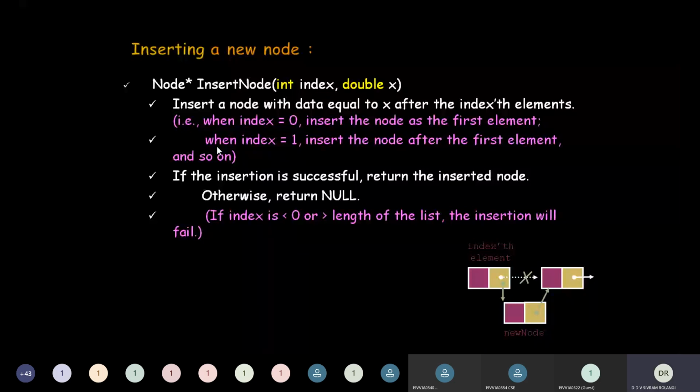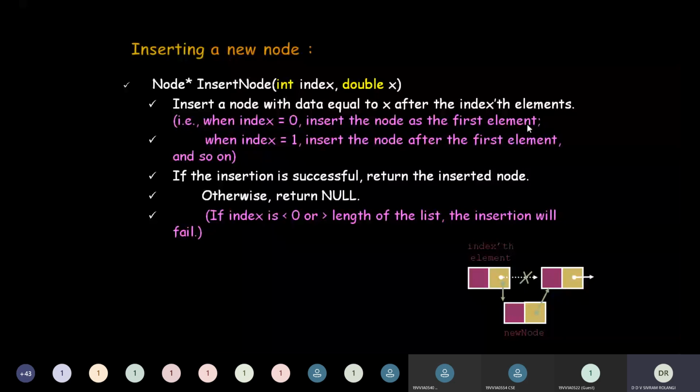Insert a node with data equal to x after the indexed element. That is the meaning of this function prototype. When index is 0, insert the node as the first element.